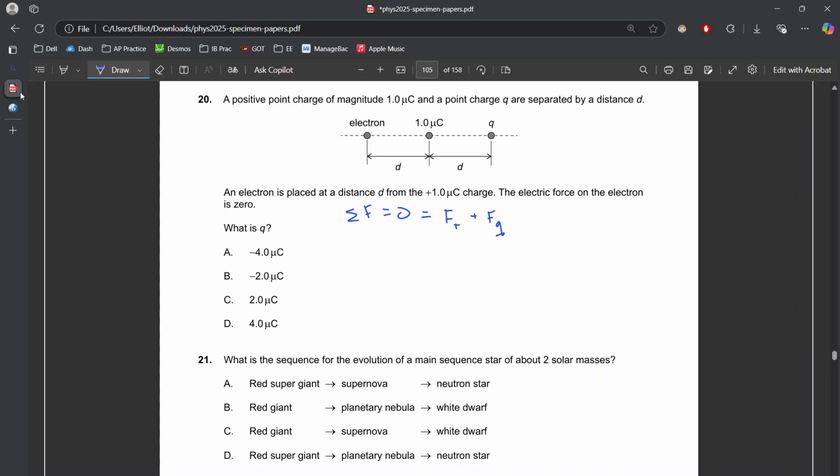So this is the positive force that it exerts this way, F positive, and then the force that is exerted this way, which I suppose is pulling it because electrons are negative, but Q is going to be negative, pushing it away. Anyways, that means FQ is equal to negative F positive.